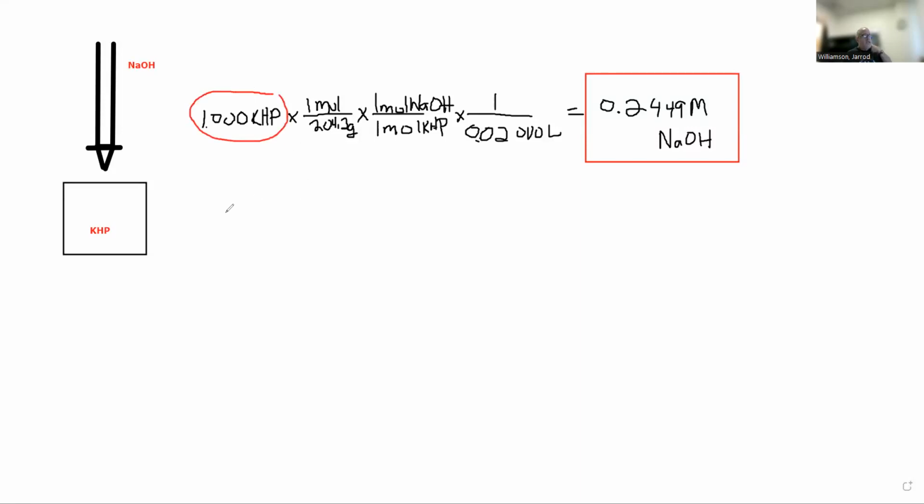Now I put in here an unknown sample, right? So instead of KHP, it's a powder sample. And it has some KHP, but I don't know how much.